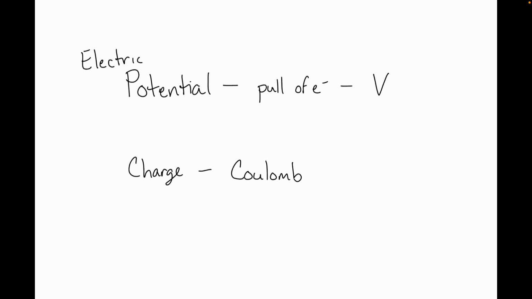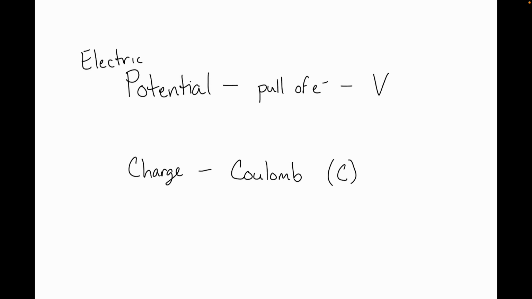I think there's a U in there. It's abbreviated C. So you can measure, for example, the charge of an electron in the units of coulombs. That's the unit that we use for charge.